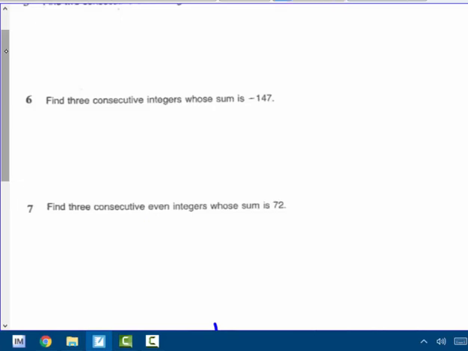They're in order. So this time, let x equal the first consecutive integer. I don't have to say odd or even. And then x plus 1, the very next number is one bigger, be the second consecutive integer.